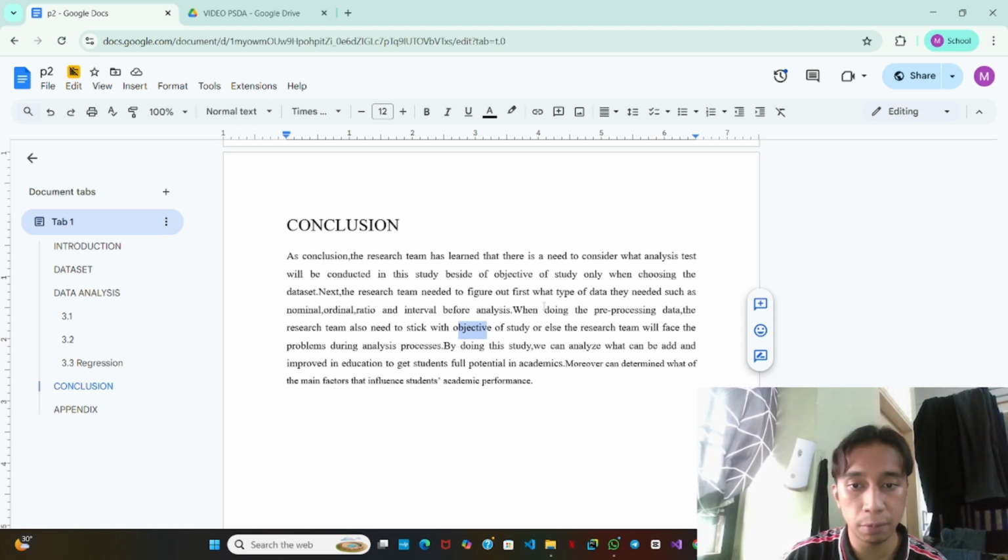Our research team also needs to stick with the objective of study, or else we will face problems during the analysis test. From our data set, we can analyze what can be added and improved in education to get students' full potential in academics. Moreover, we can determine the main factors that influence students' academic performance. Thank you from us.